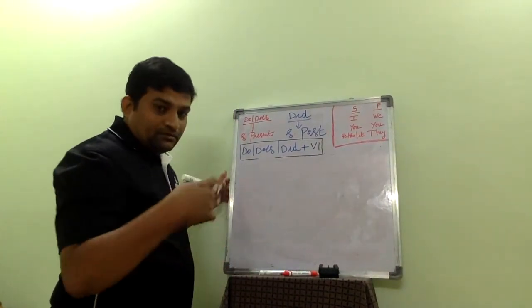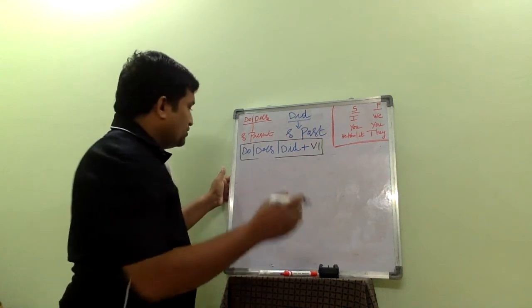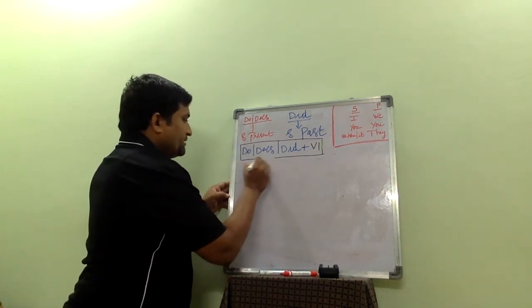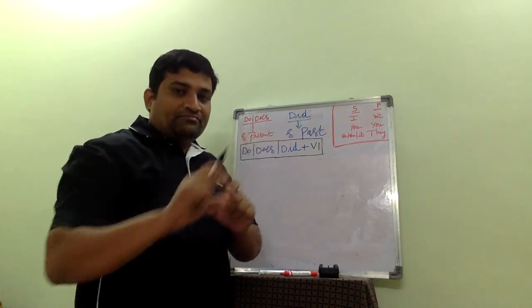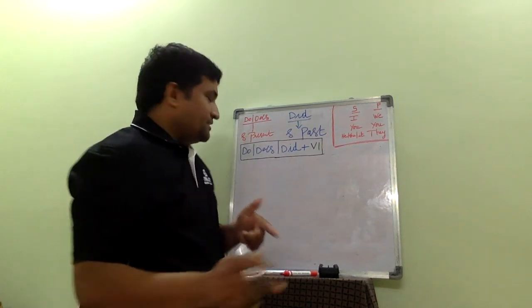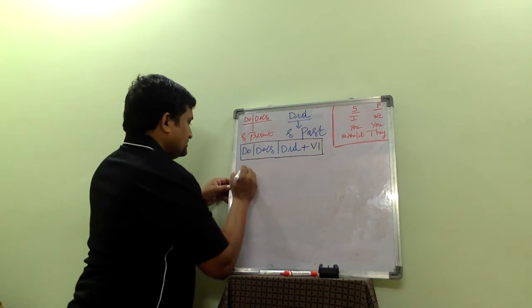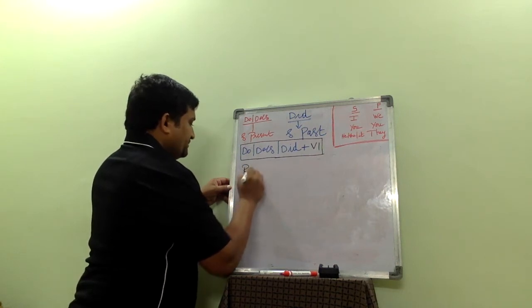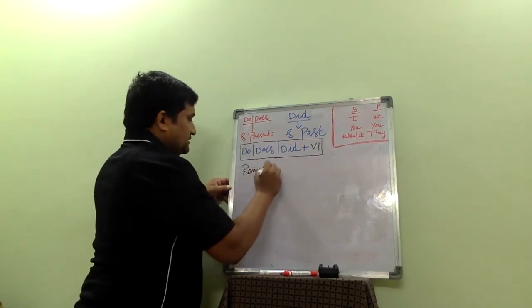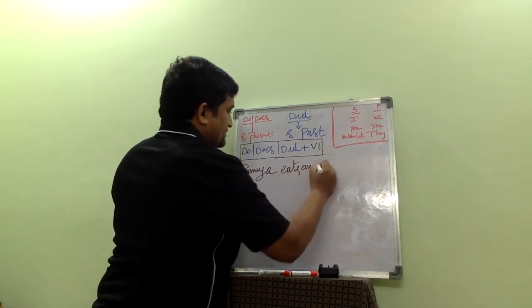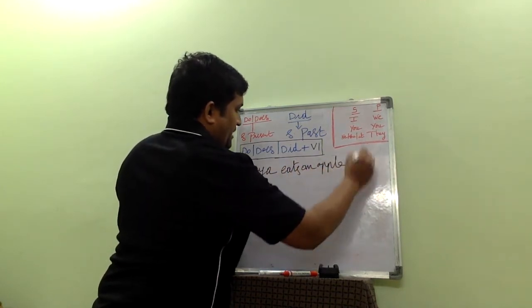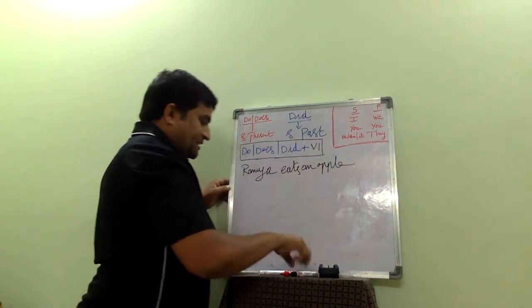So, another example, a few more examples, then we will conclude. Based on simple present tense, we are discussing how to change positive statements into negative statements. Taking the previous example, Ramya eats an apple. It's a statement.